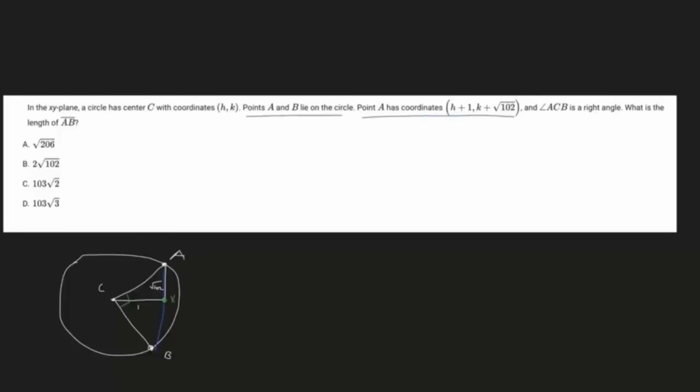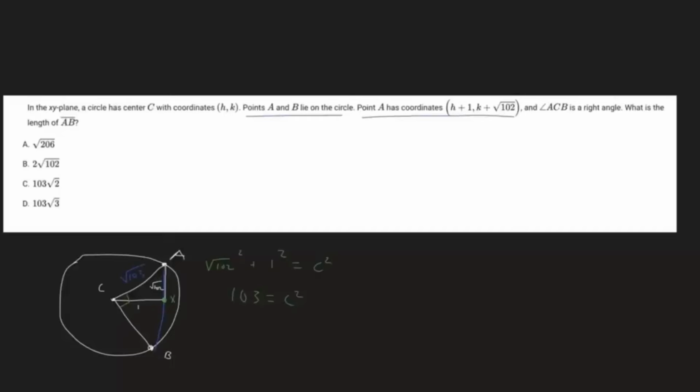So we have square root 102 squared plus 1 squared, which is just 1, equals c squared. We get 102 plus 1 equals c squared, so 103 equals c squared. Taking the square root of both sides, c equals square root 103. So we found the side length of this side: square root 103.